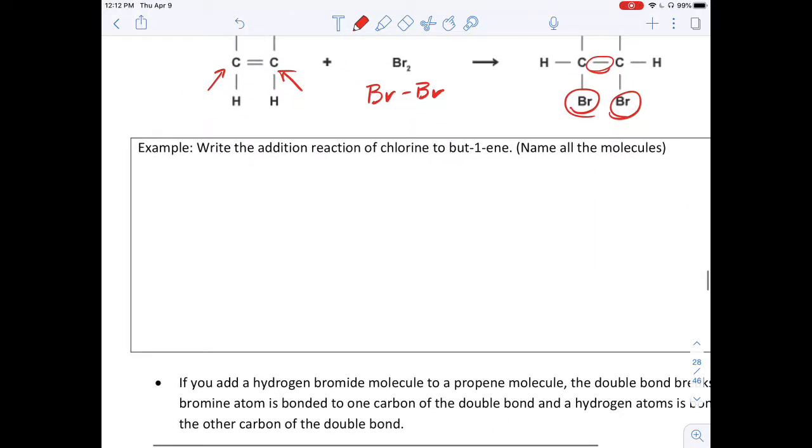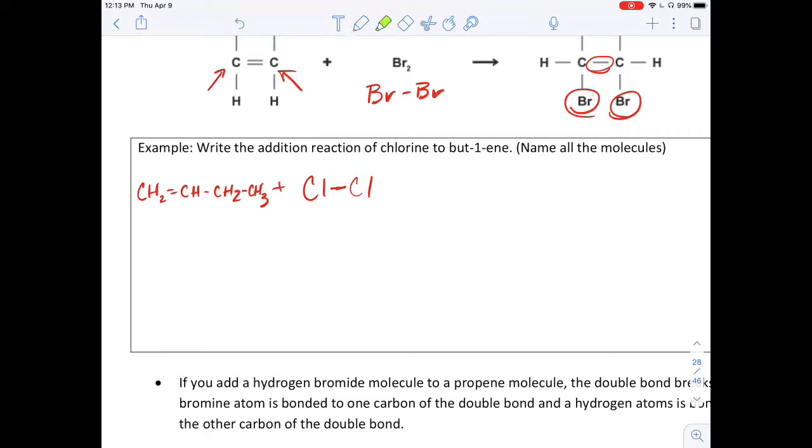Our first addition reaction that we're going to do together is adding chlorine to butene. Chlorine is, again, a diatomic element, so it's a nice symmetrical molecule, with two sides equal, that we're going to add to but-1-ene. My but-1-ene is going to have a double bond on the first carbon, and it stretches to the second carbon.